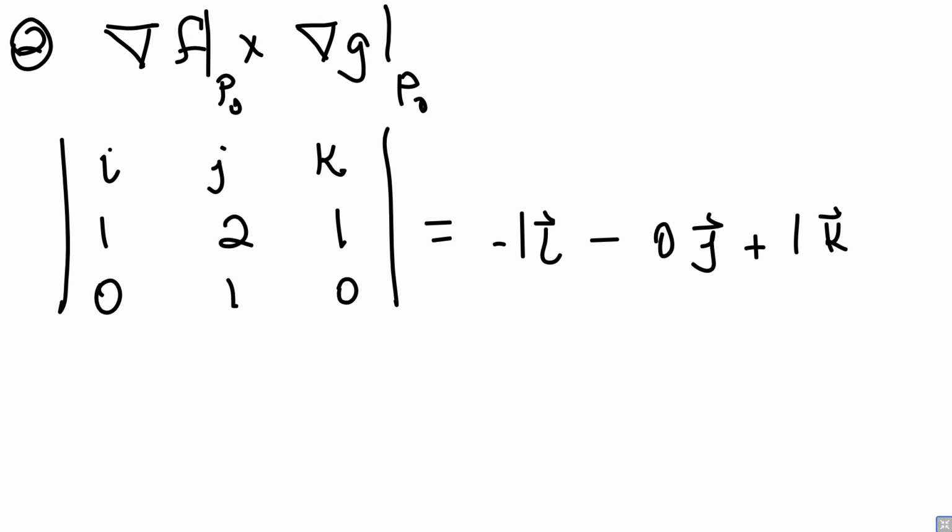Now what we're going to do is write our equation for our tangent line. So the equation of our tangent line, we're going to write in parametric form. So x is equal to x of 0 plus our slope times t. What is x of 0 going to be?